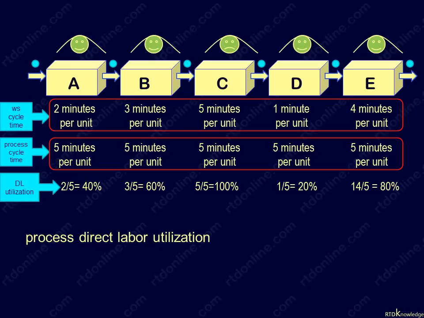In reality, the team spent 25 minutes of direct labor time per unit. So the direct labor utilization of the entire process is the ratio of the total time worked to the total time spent by the team, or 60%. You can also interpret this as, on average, every operator only works 60% of his capacity.